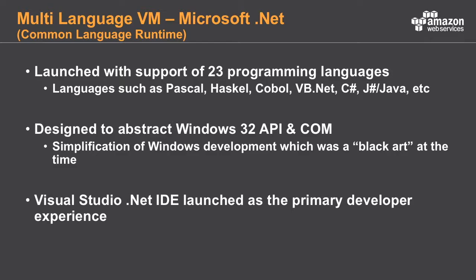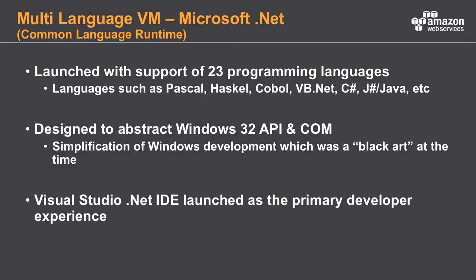In other words, this was the next generation of virtual machines that would be able to take multiple different programming languages, called the Common Language Runtime, and all of these could be compiled to run on a single unified framework. Whether that was Pascal, Haskell, even COBOL, and those other traditional languages like VB.NET and C#, and also J#/Java also made their way to the .NET runtime.